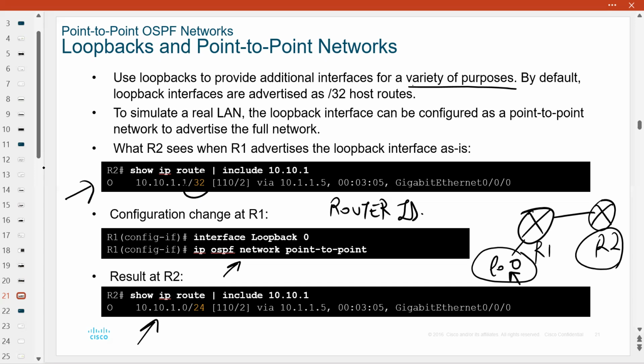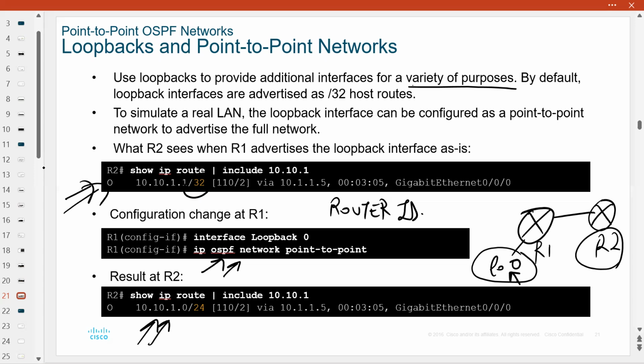If you want to configure it as a network, this is the command for it, IP OSPF network point-to-point, and this is the change. It now has a /24. A /24 is now behaving as a network instead of behaving as a host route.